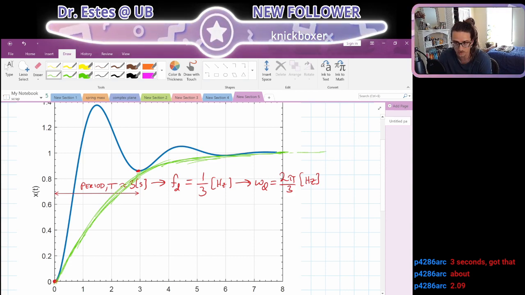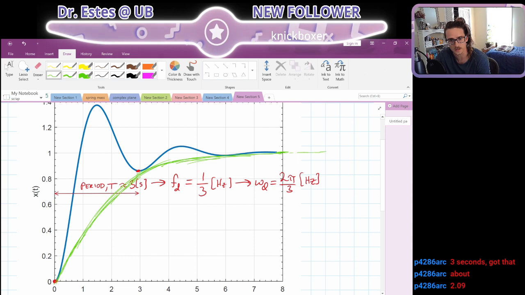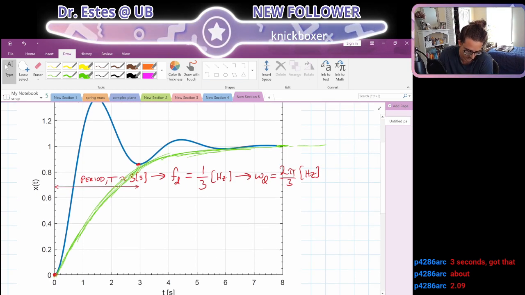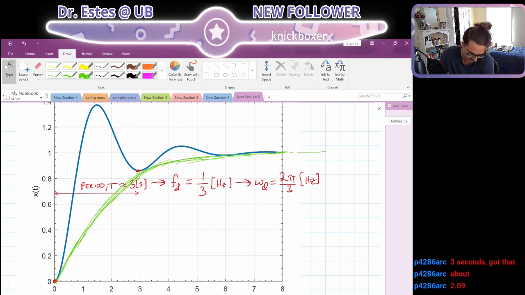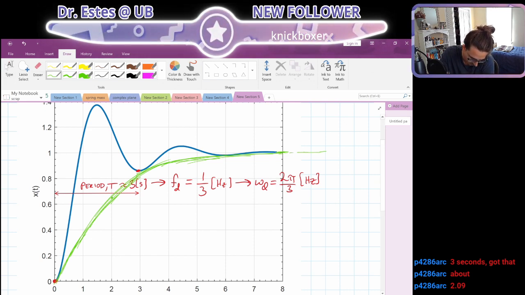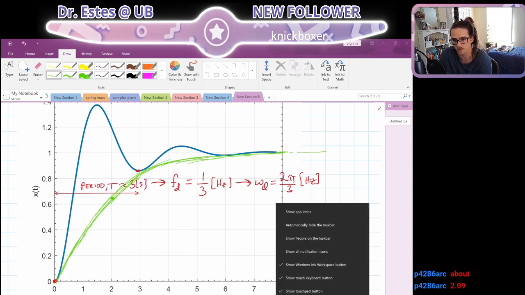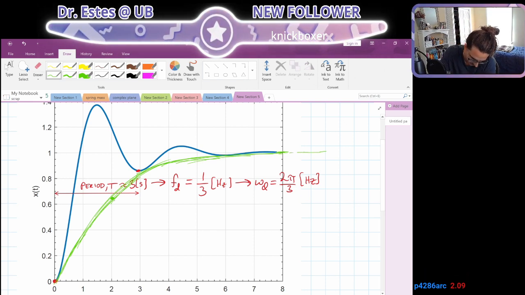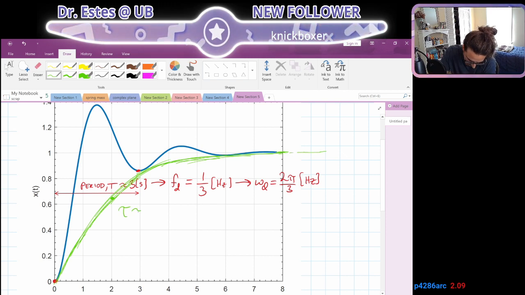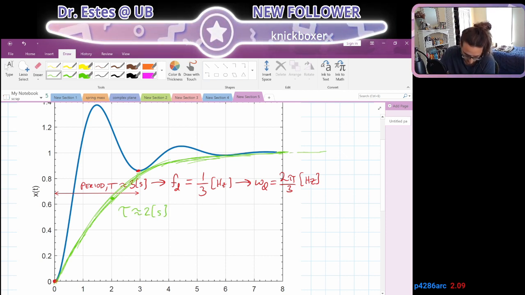So I'm going to try to estimate the time constant, the amount of time it takes to get 63% closer. So it starts at 0. 63% is like 0.63. You got 2.09. I'll just say tau is approximately 2 seconds.